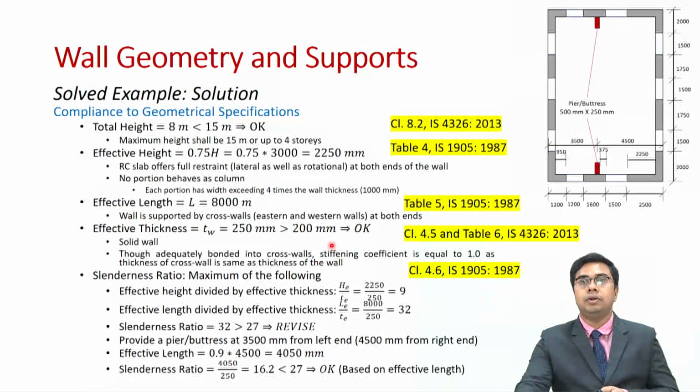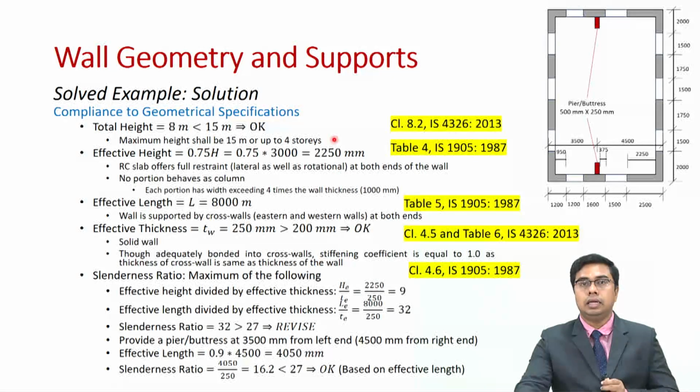Now we will look into compliance to various geometrical specifications related to masonry walls in case of earthquake resistant construction. The first criterion which we are dealing with is the total height of the building, which is 8 meters. It is less than 15 meters as per clause 8.2 of IS 4326. The maximum height of a masonry building can be up to 15 meters or up to 4 stories.